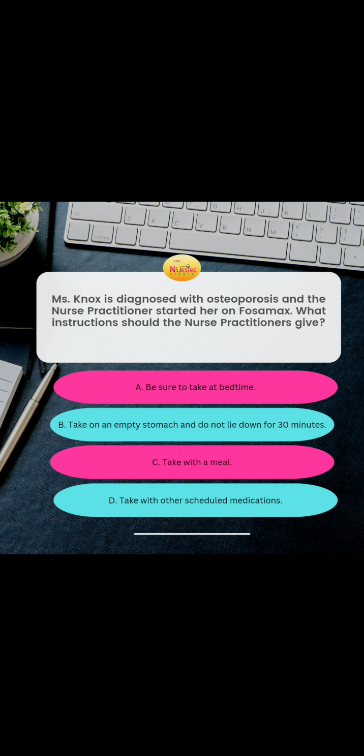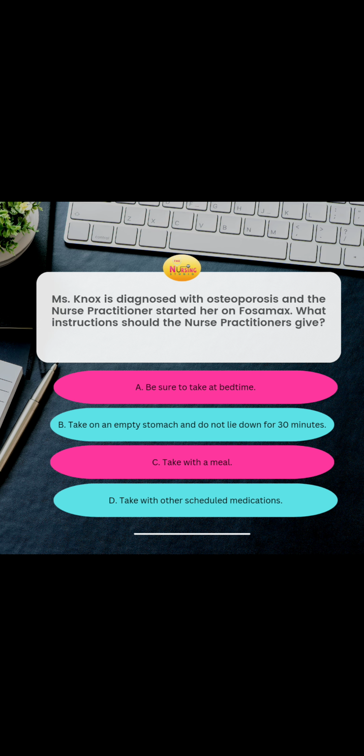All right. So what do we know about Fosamax? Fosamax is a bisphosphonate, and this is something that we commonly treat osteoporosis with, but you really need to be familiar with those drug classes. The bisphosphonate class ends in dronate.